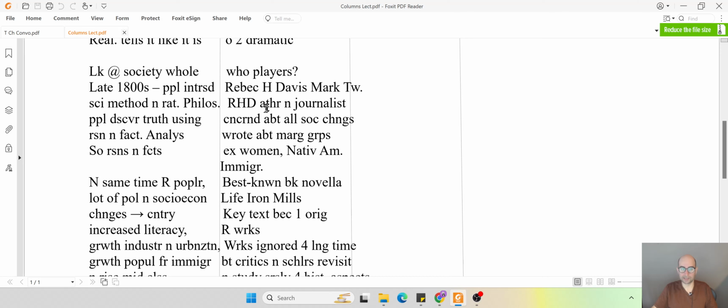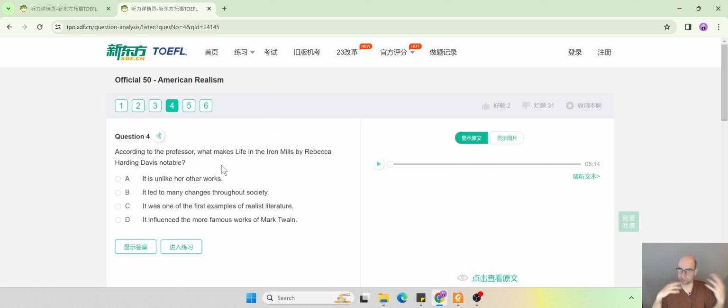So here, they said Rebecca Harding Davis, RHD, was worried about all kinds of social changes taking place in society. Remember these changes? And she talked about marginal groups. Those groups were discriminated against, like women, Native Americans, immigrants. So they're taking some information from the text and distorting it.